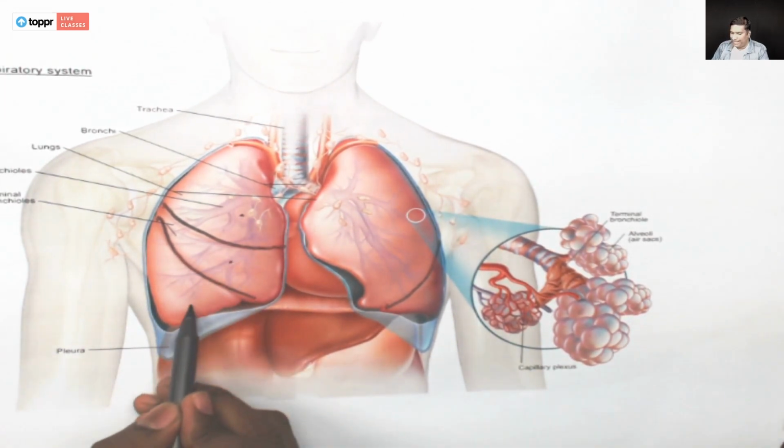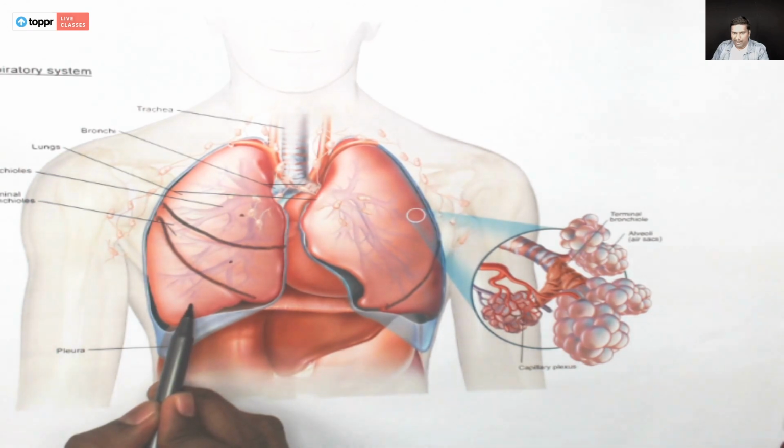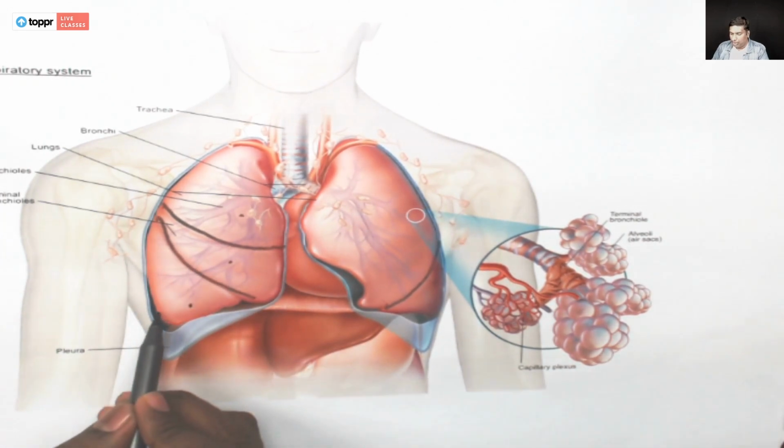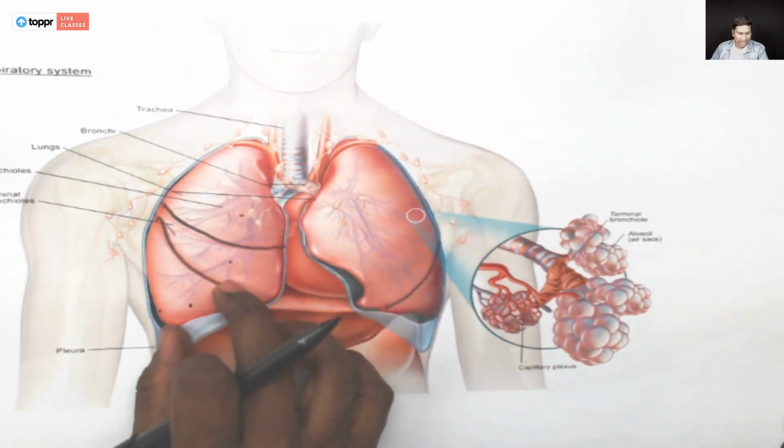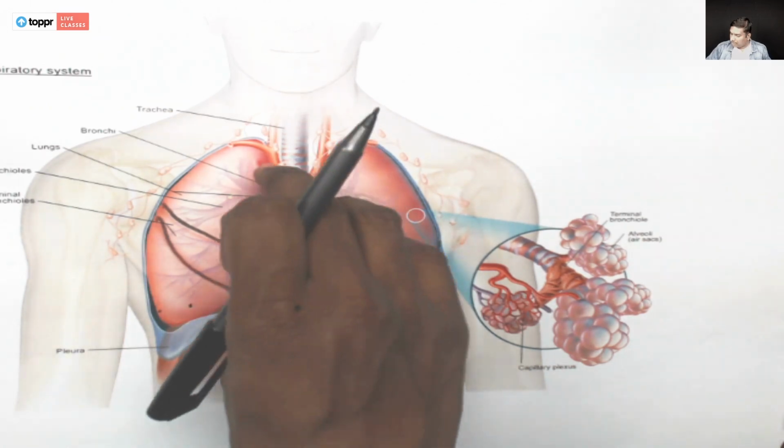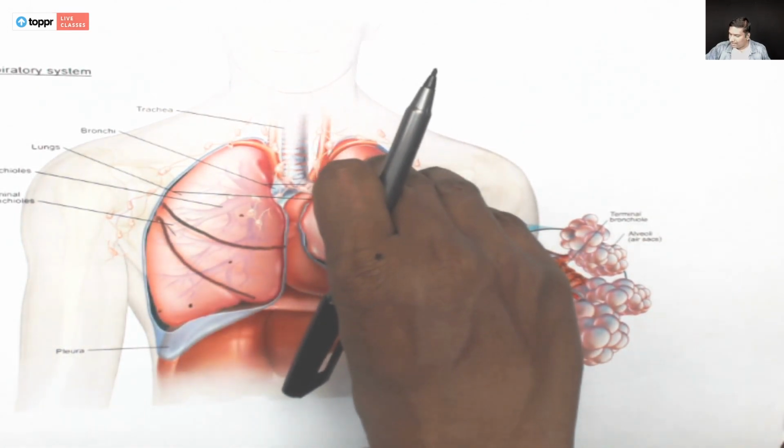They are called the upper, middle and lower lobe. So you have 3 lobes in the right one and 2 lobes in the left one.